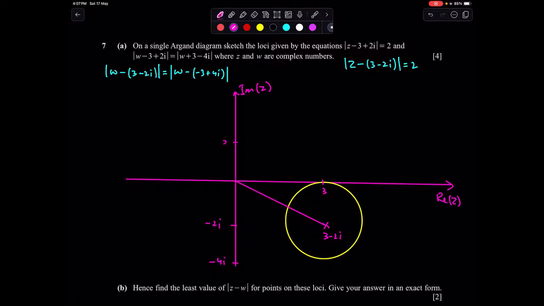This is 2i and this is 4i. Now bisector. 3 minus 2i is here. Now I need minus 3 plus 4i. So this is minus 3 and 4i is here.